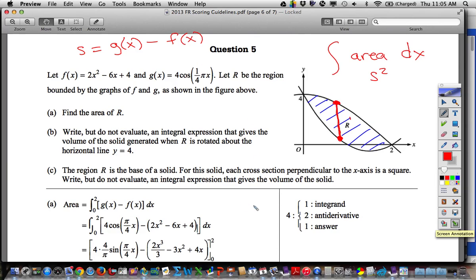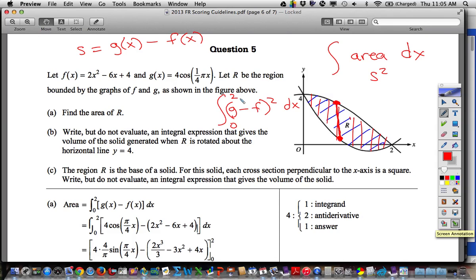So my integral will be G minus F quantity squared, because that's s. Then I need to square that to get the area of the square, and then I would have dx here. And again, the strips fill the space, so it goes from 0 to 2. So the strip is the key.